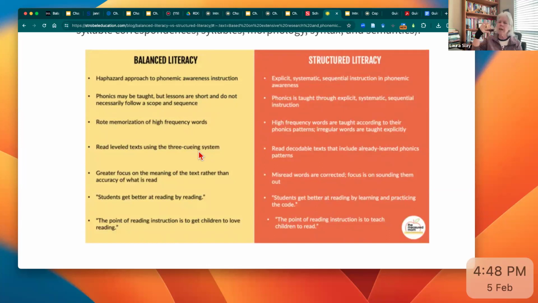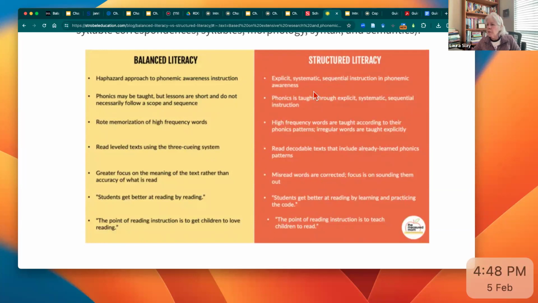Some people might say haphazard is that, well, you just pick and choose whatever you need. And I understand where that might come from, because a lot of balanced literacy focuses on reading the learner, assessing what the learner says, and then offering lessons that the student needs, as opposed to following the curriculum that doesn't miss a beat.